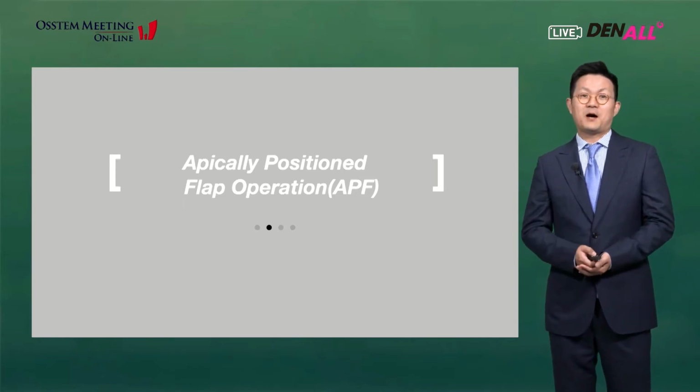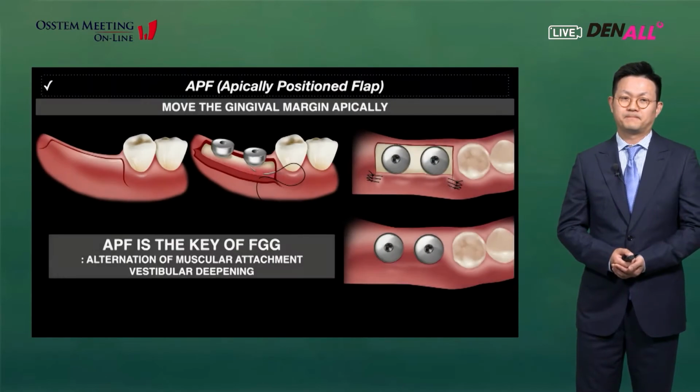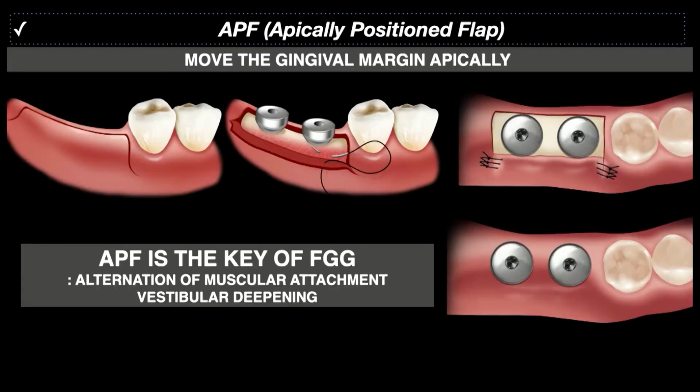Let's discuss the APF. Apically positioned flap operation could be a part of a free gingival graft, and it's a key procedure of the free gingival graft. After a partial thickness flap operation, move the gingival margin apically with suture, then expose the periosteum to the healing process.